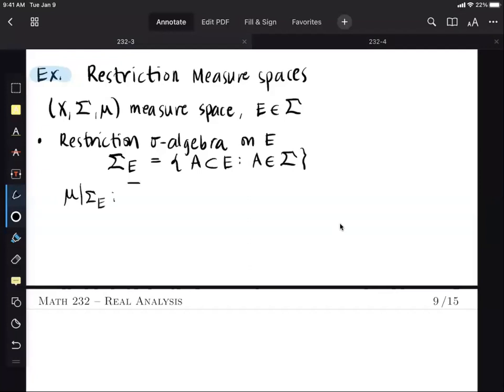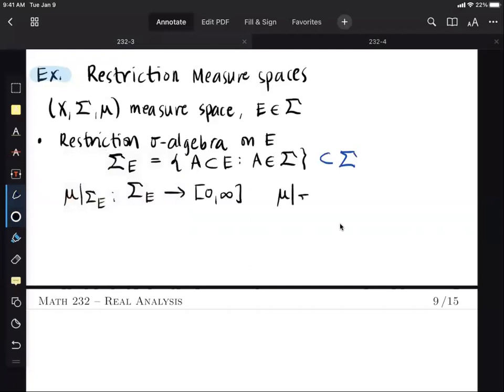So now this restriction is defined on sigma sub E. Take note that from this equation, we could see immediately that the restriction sigma algebra on E is a subset of sigma.